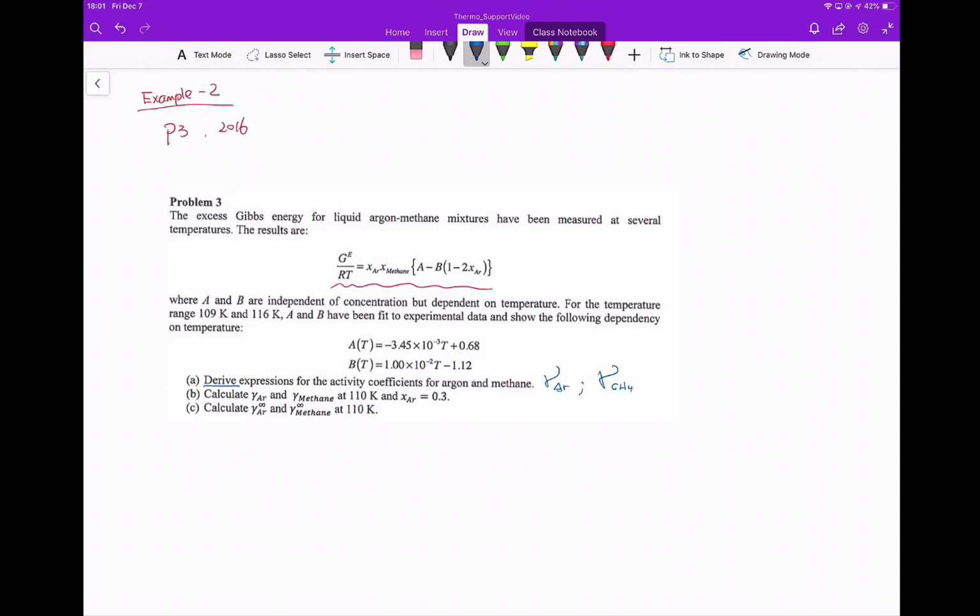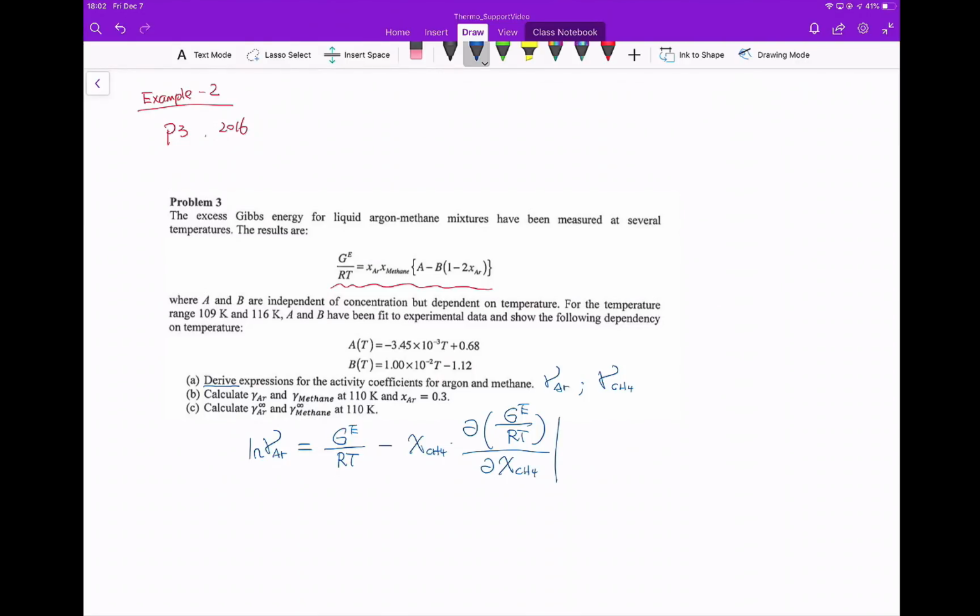So there we quickly recall that log activity coefficient of argon should be GE over RT minus X of methane times the partial derivative of GE over RT with respect to X methane.